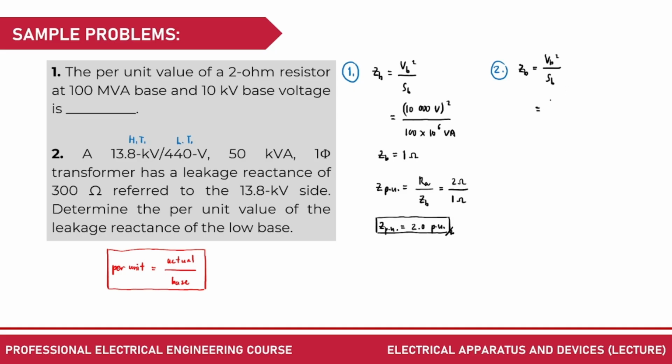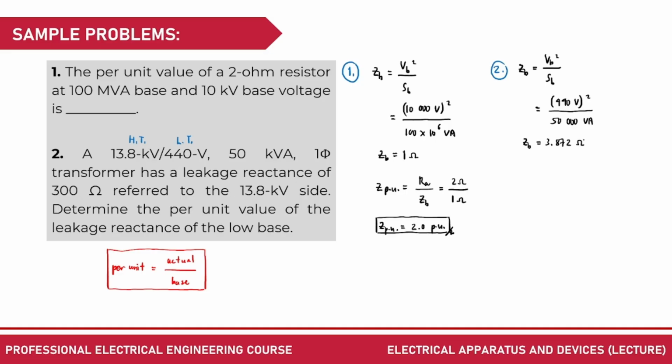Low side, no? 440 volts squared all over S base, which is 50,000 VA. And that gives us Z base as 440 squared over 50,000, which is 3.872 ohms.